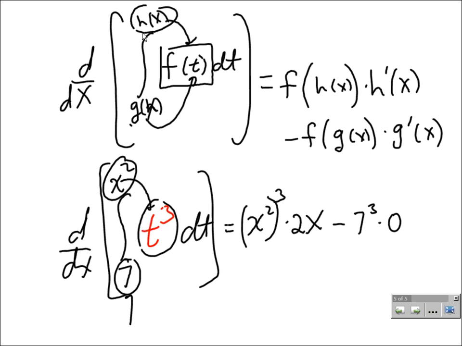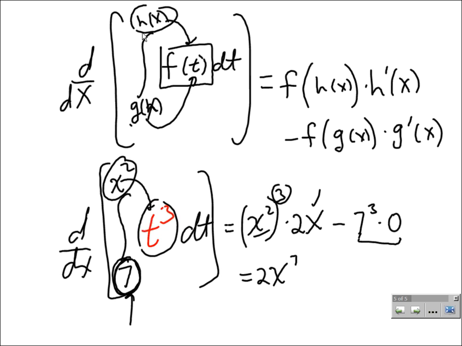The derivative of a constant is 0. So whenever the lower limit is a constant, you're going to get 0. Same for the upper limit. X squared cubed is x to the 6th, times another x is x to the 7th, times 2. So that would be the answer.